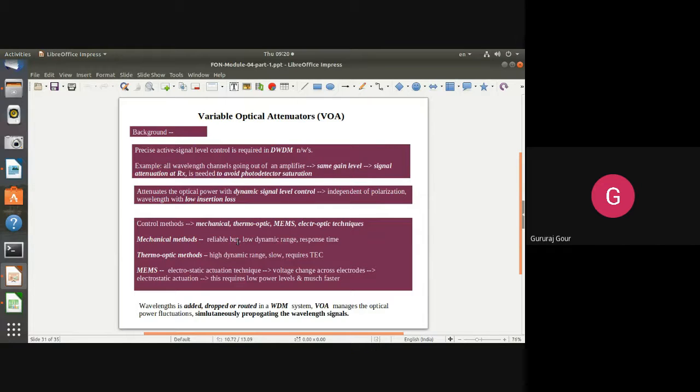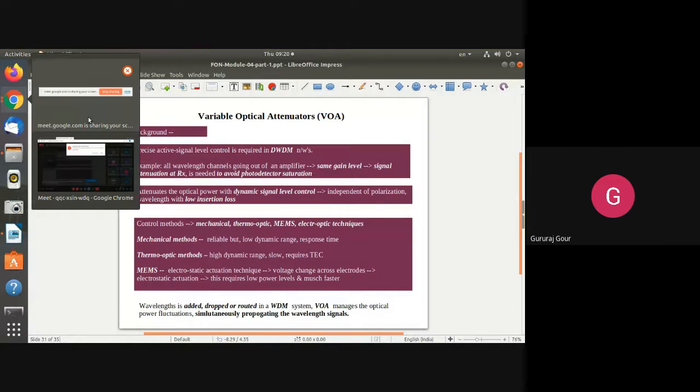The second is thermo-optic methods, which give you a wide dynamic range, but they appear to be slow and require thermoelectric cooling, that is a TEC. And the third is MEMS, that is the electrostatic actuation technique, where the voltage change across the electrodes acts as the electrostatic actuation mechanism. It requires low power levels and is much faster compared to mechanical and thermo-optic methods.